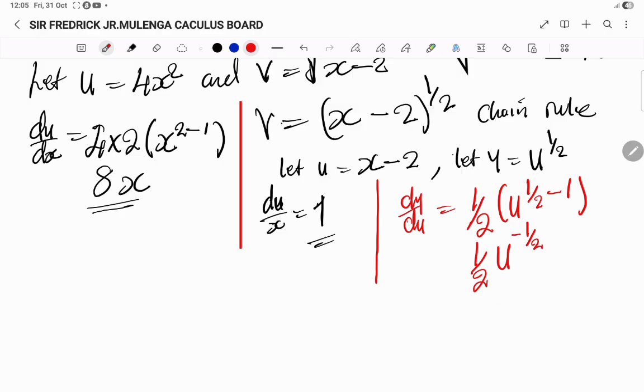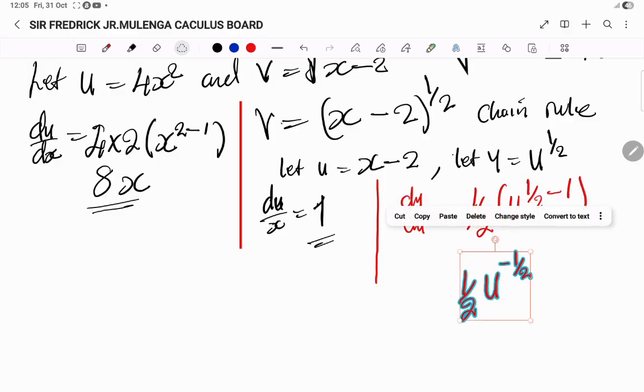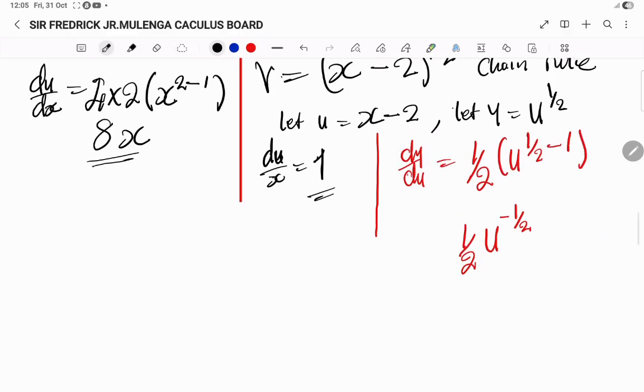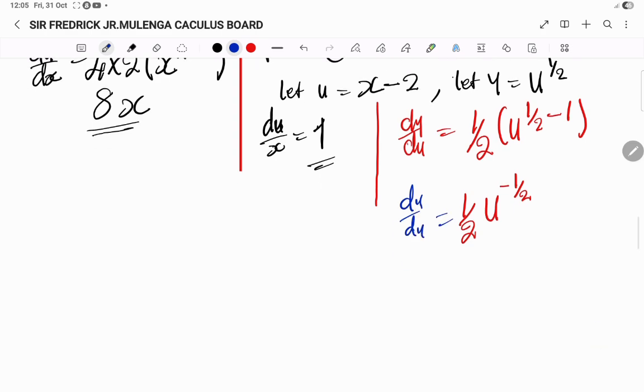Let me just write it properly so that it's not confusing. This is my dy du. Now remember, we're going to use our formula under the chain rule.